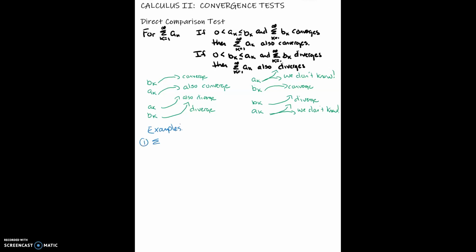Let's take the series where we have k goes from 1 to infinity of k cubed over 2k to the fourth minus 1. Now, we're going to start with our terms.